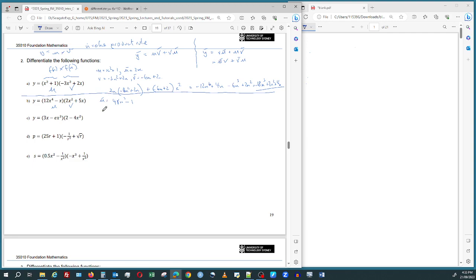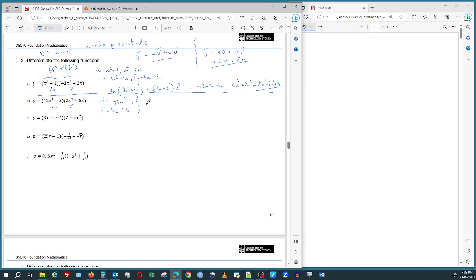V dash will become 4x plus 5. So then you take the four terms and combine them, this one or this one, you'll end up with the same thing. So I'm going to go do it this way.